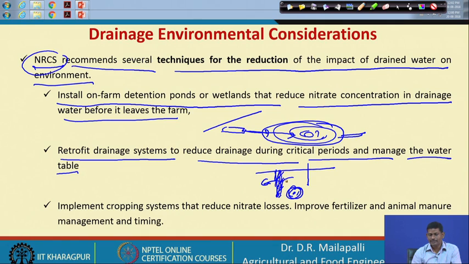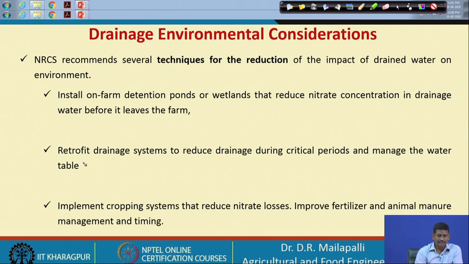The wall will prevent water from seeping from one place to another, so that you can still manage the water table under a desired drainage discharge. This is the retrofit drainage system.